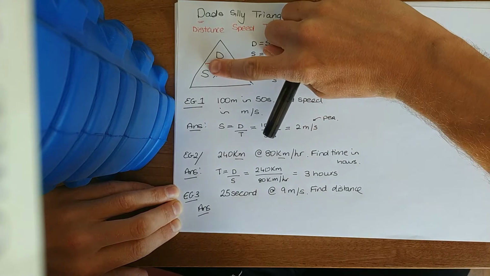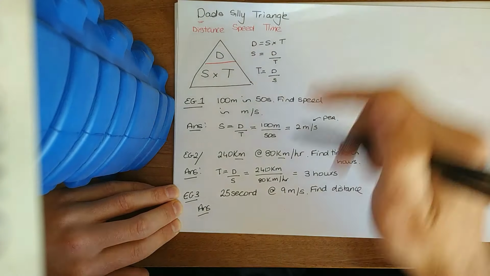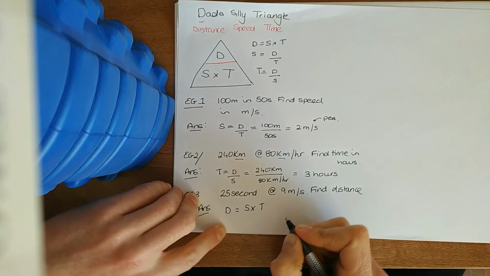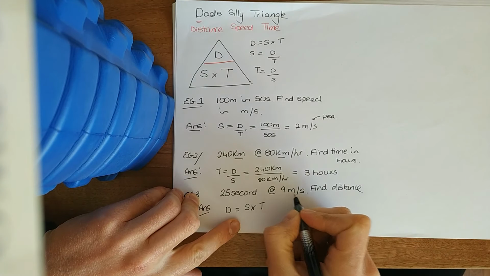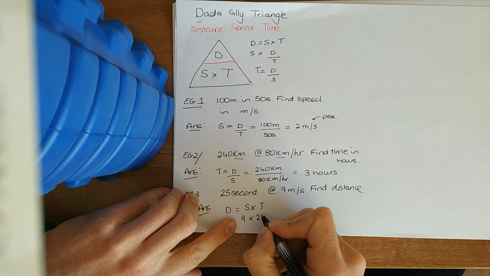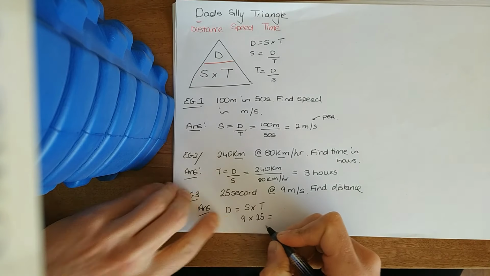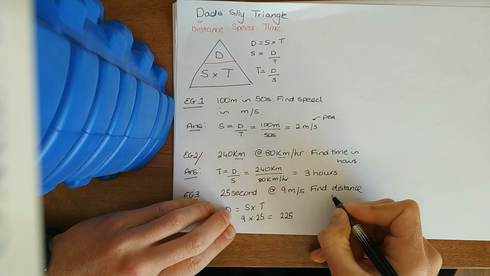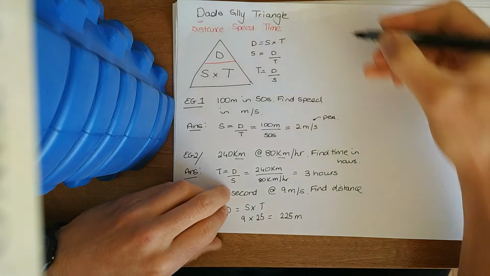What are you left with? S times T. So speed times time. Speed here is 9 meters per second, by your time, 25. 10 times 25 is 250, take away 25, 225. And the distance is in meters.